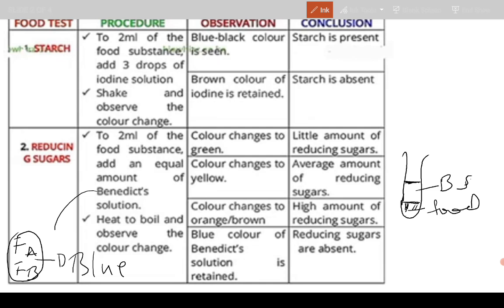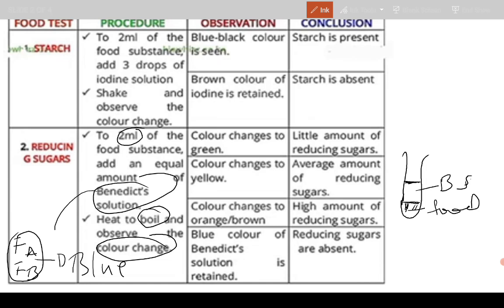Such a blue solution is called Benedict's solution. So to 2 milliliters of the food sample, you add the Benedict's solution, and then you heat the mixture to boil and observe the color change.